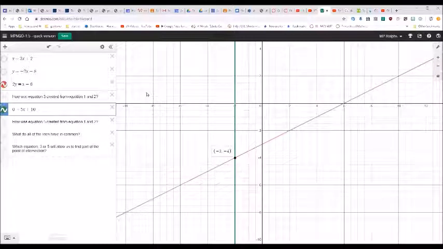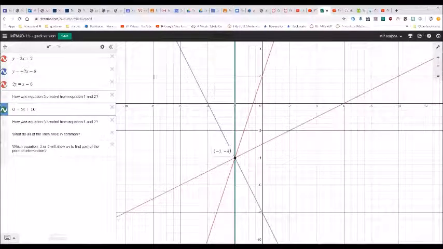Okay, so that's just a brief video of how we can take a look at different equations of lines, or change the form of a line to show that they're all the same, as I showed at the beginning. And also, if we add or subtract two equations, we will end up getting the same point of intersection.